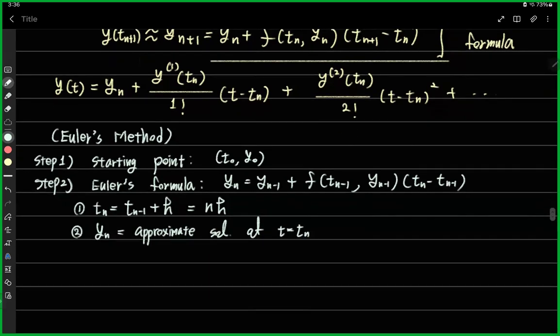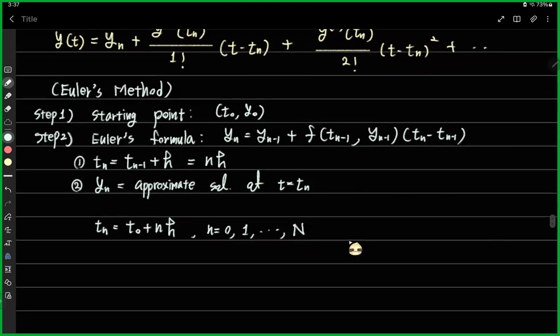So t sub n is going to be t0 plus n times h, because n goes from 0 and then 1 through some final n. Anyway, we have to discretize the time step. For example, here this is t0, normally 0, the initial time, and let's say this is the final time, t sub n.